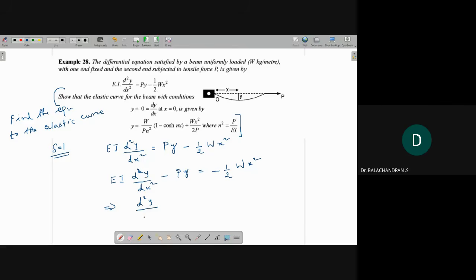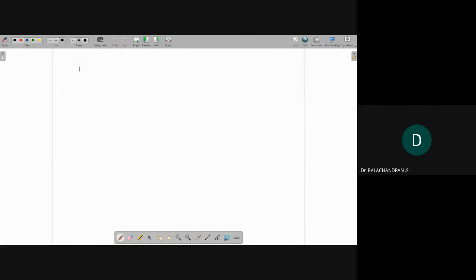d square y by dx square minus P by EI into y equal to minus 1 by 2 into w x square by EI. Now rewrite this equation.